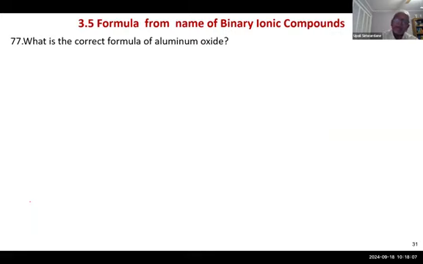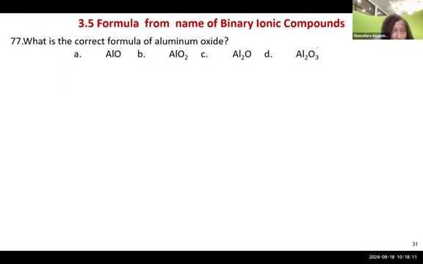Correct formula for aluminum oxide. D. What is the answer? Al2O3. D, yeah, that's the correct answer. How do I get that? Aluminum is in 3A. Therefore, a 3 plus cation is formed.